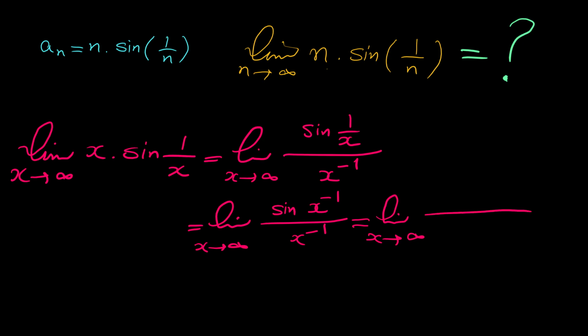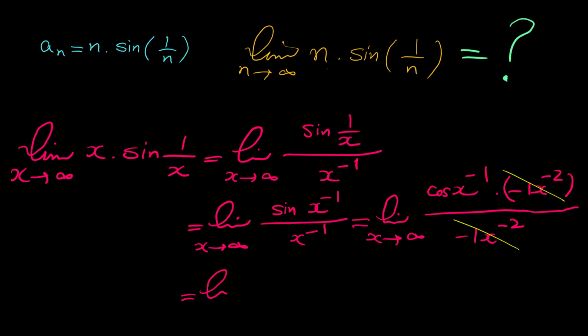What is the derivative of the top? Derivative of sine is cosine times the derivative of inside. What is the derivative of inside? Derivative of inside is negative 1 x to the negative 2. What is the derivative of the denominator? Negative 1 x to the negative 2. These two cancel each other, and we have just cosine of x to the negative 1.